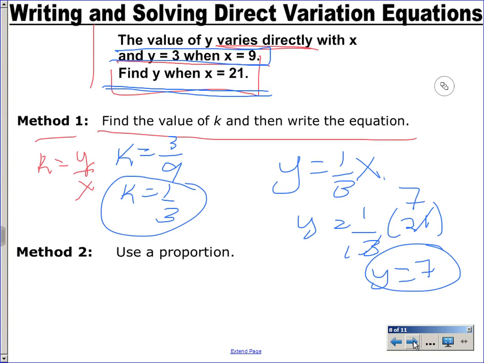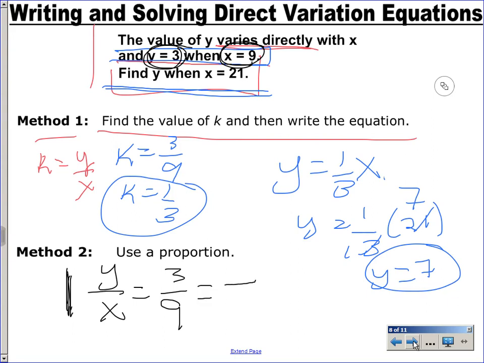We can also set up a proportion. So hopefully you should remember how to do this, but we have y over x, which is the same thing as y over 9. All I'm doing is taking the values here. I define my proportion, which you guys make sure you define your proportions when you set them up. I plugged in the given values, and now I'm going to set up the proportion.